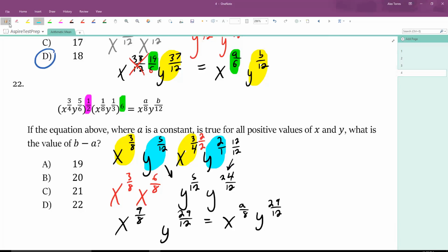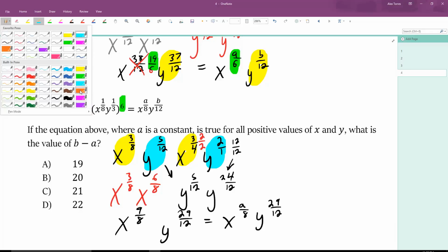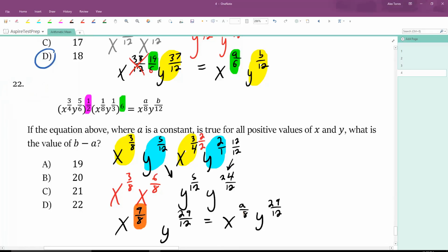So we have 9/8 in the spot where we have a over 8. So we just figured out that a equals 9. We have 29/12 in the spot where we had b over 12 right here. So we know that b is 29.